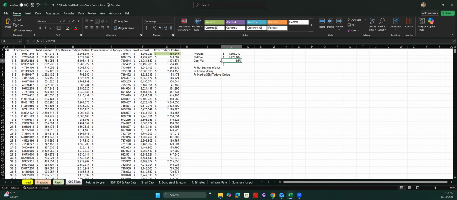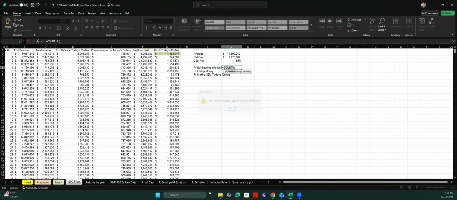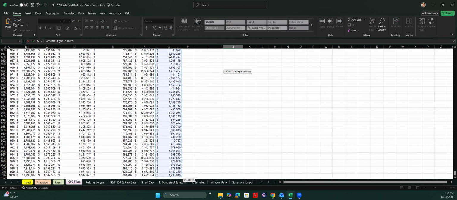And the coefficient of variation, I'm looking at how big the standard deviation is relative to the mean: 85%. And the probability of not beating inflation will be COUNTIF this range right here is less than 0.